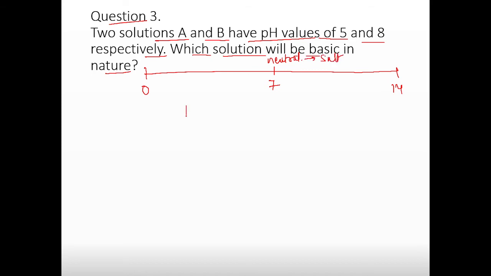Why? Because whenever a salt like NaCl is dissolved in water, there will be production of Na plus and Cl minus from it, and from water it will be H plus and OH minus. So basically there will be equal concentration of H plus and OH minus ions.